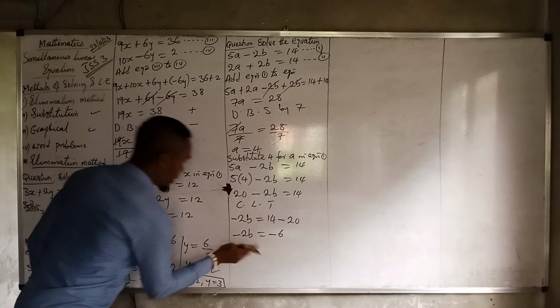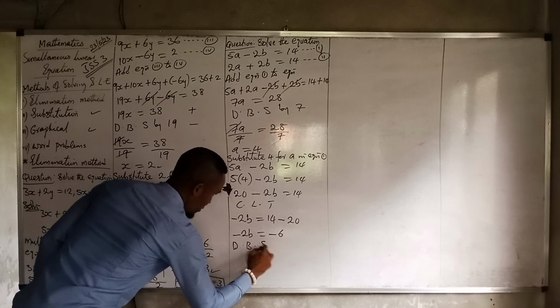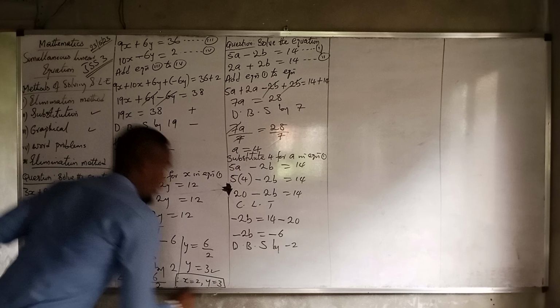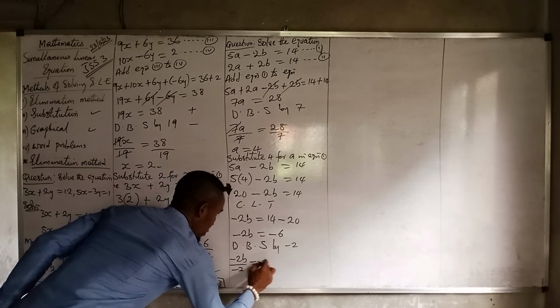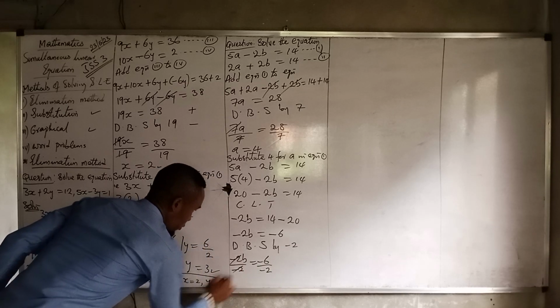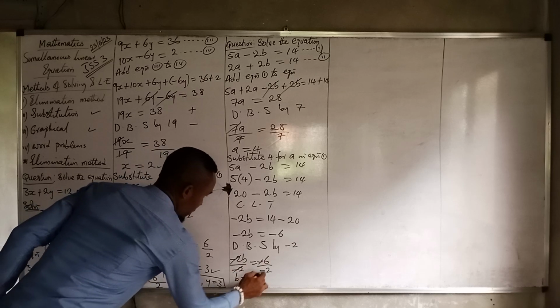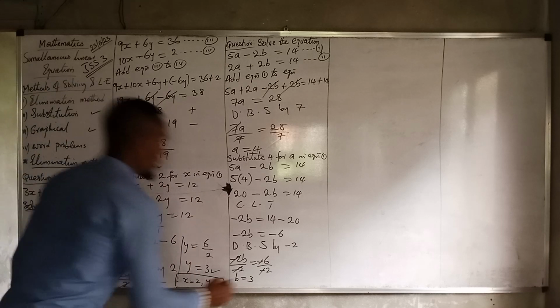What should I do here? Divide both sides by minus 2. So minus 2b over minus 2 equals minus 6 over minus 2. Minus 2 cancels minus 2, and I am left with b. Minus divided by minus gives 3.